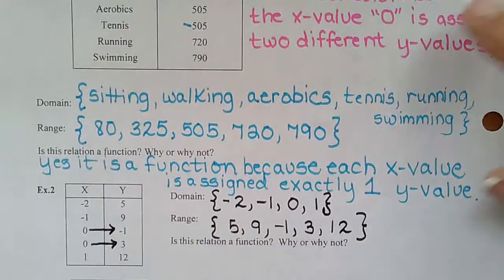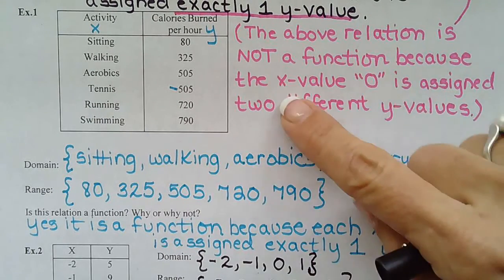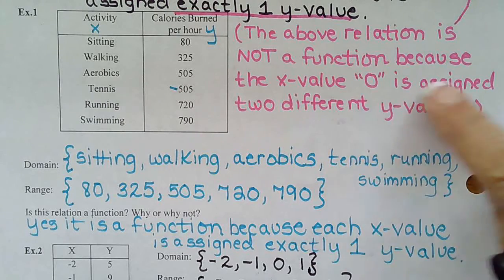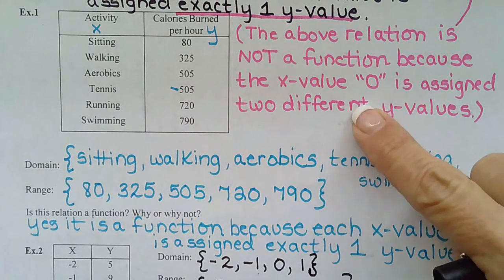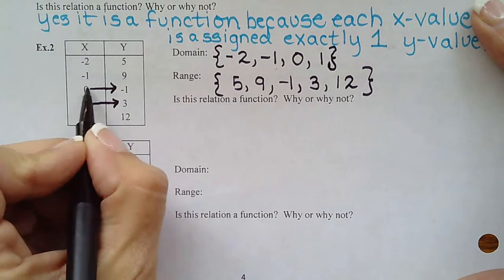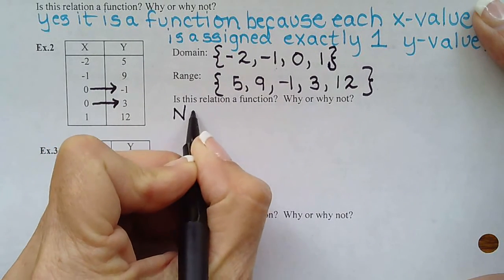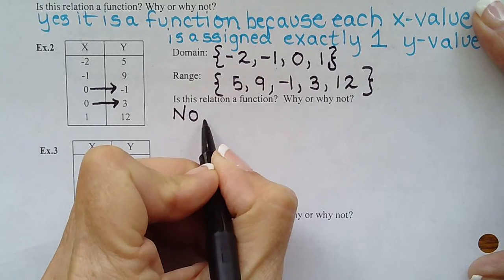So we're going to write what we did up here. This is not a function because the x value 0 is assigned two different y values. So that's what we need to write here. And it happens to be the x value 0. It's not always 0, but in both of these cases it was.